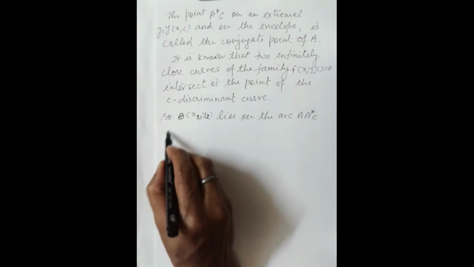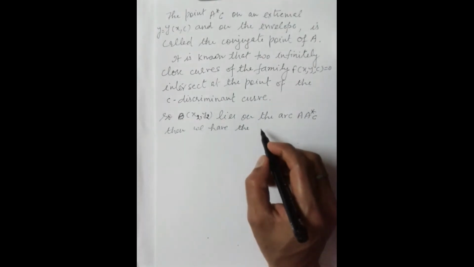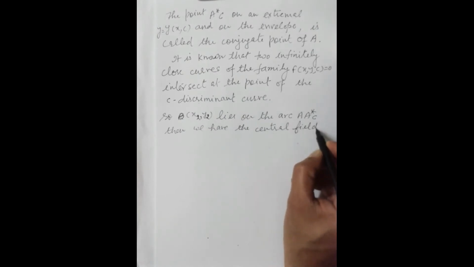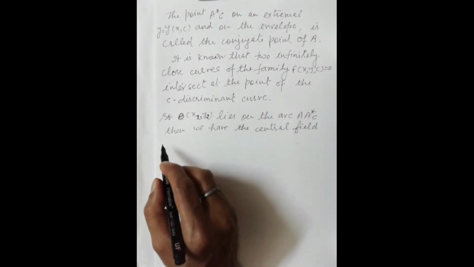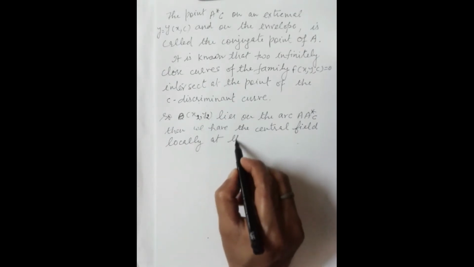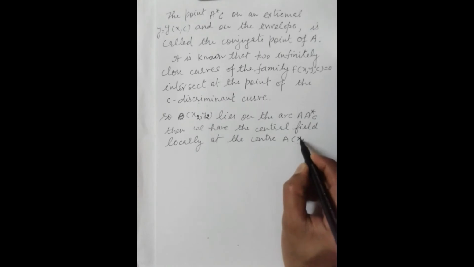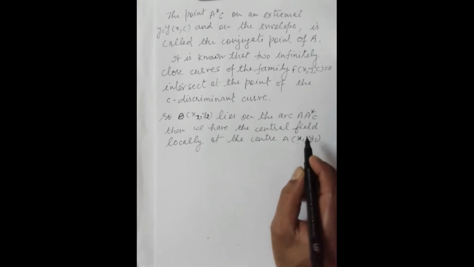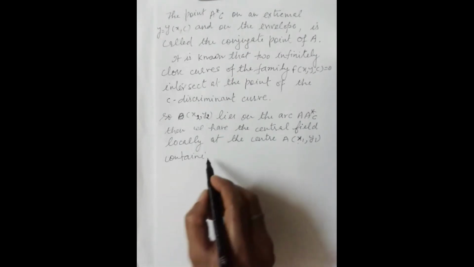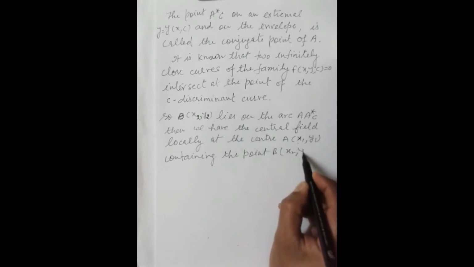Then we have the central field locally at the center capital A (x1, y1) containing the point B (x2, y2).